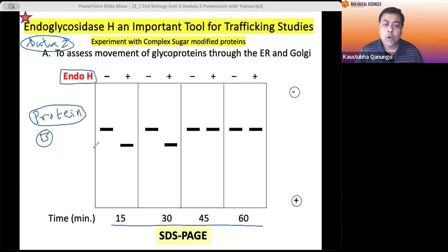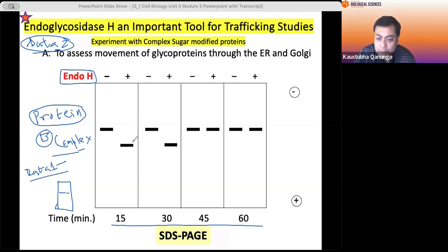So from your data set one, you saw the protein B panel, it was the same. So you concluded from your data 1 that your protein B is complex. So here, what is happening? The protein B was sensitive to EndoH, and now it has become resistant.